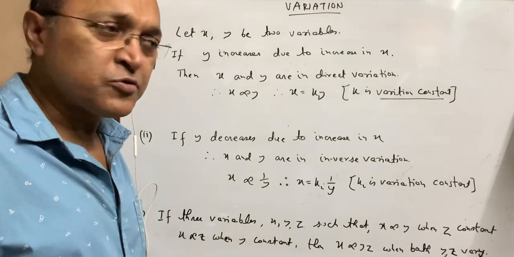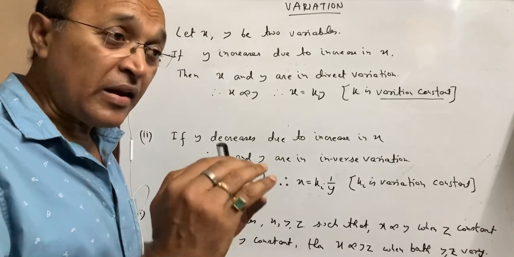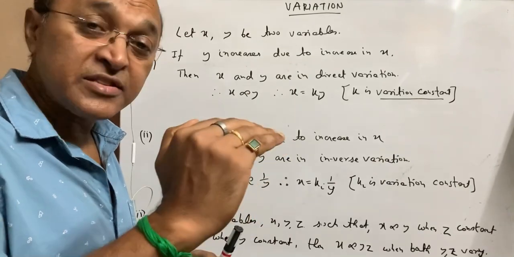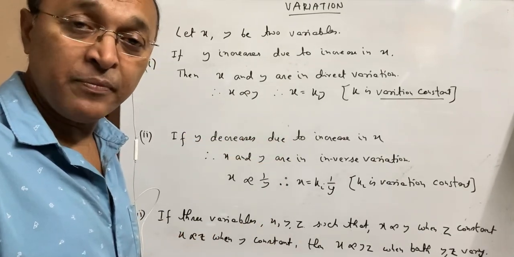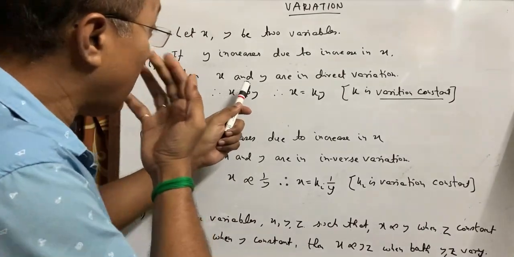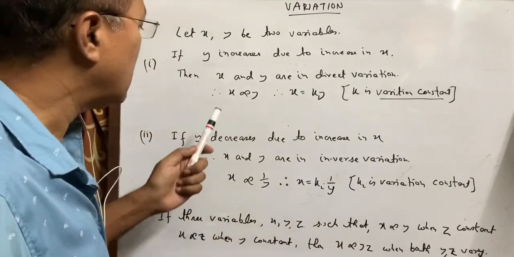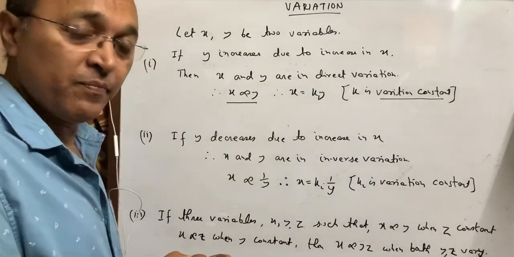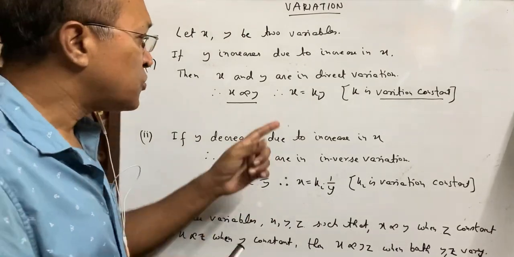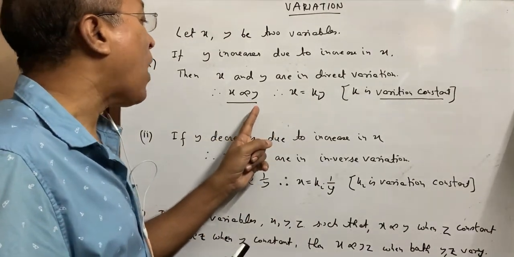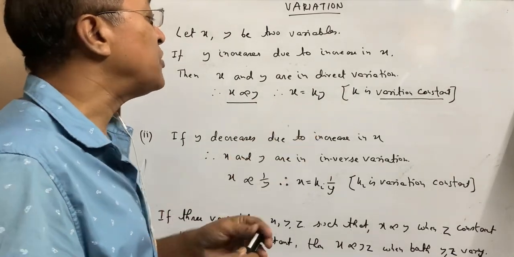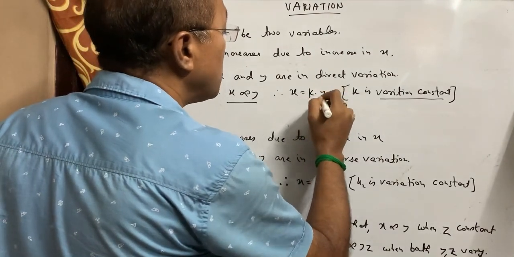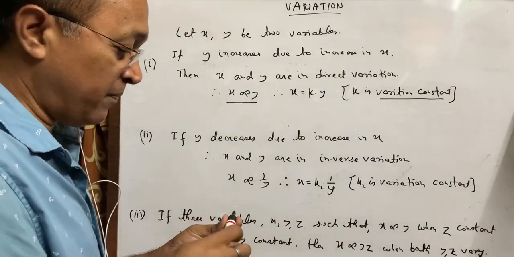When x is in increasing order, y is also in increasing order, or when x is in decreasing order, y is also in decreasing order, then x and y are called in direct variation. So x proportional to y, then x is equal to k into y.